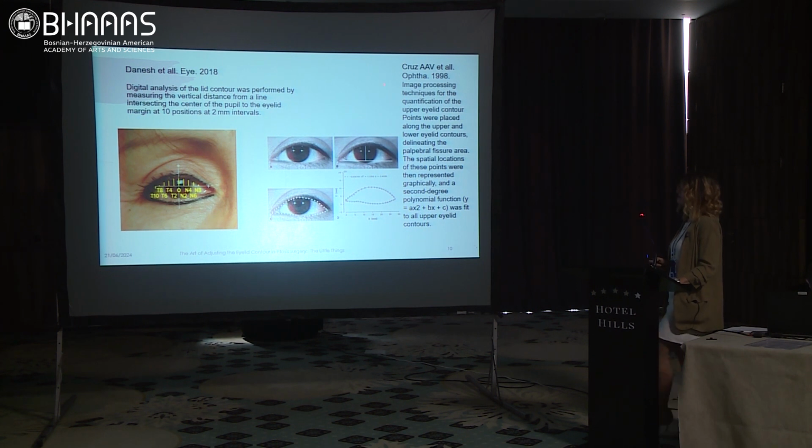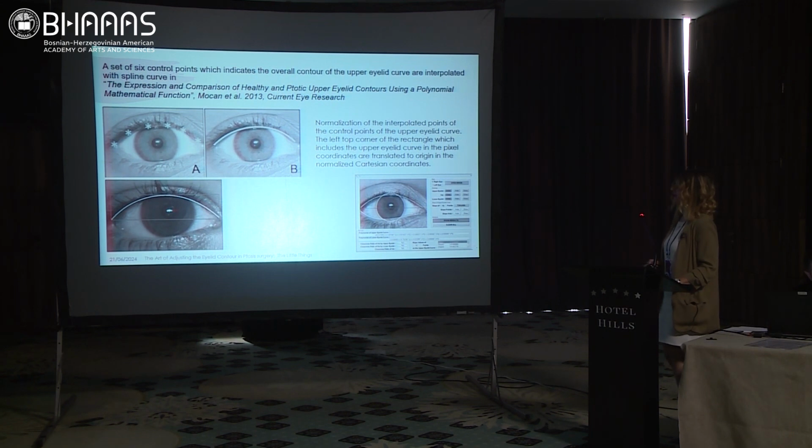The second study, by Cruz et al., a little bit older, uses points placed along both the upper and lower eyelid. The spatial location of these points was represented graphically, and then a second degree polynomial function was calculated, but I think this was a bit too complicated a calculation to be used in everyday practice.